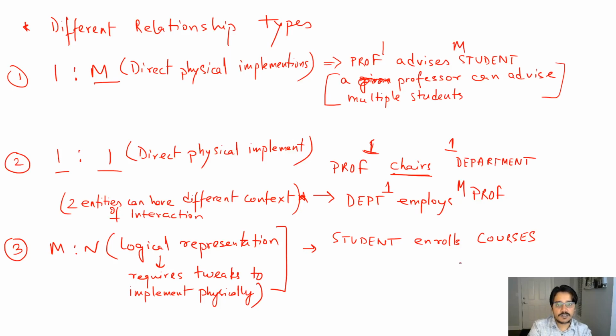So here it means a given student can enroll for n number of courses, and a given course can have multiple students. So that is where the m is to n nature is coming from.